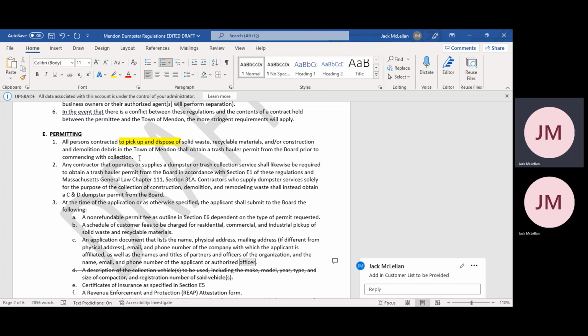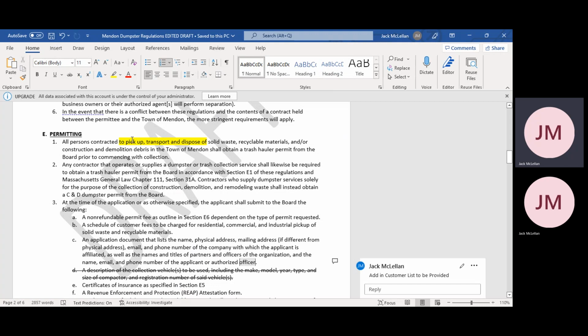I like the transport part, include that. Those three actions, pick up, transport, and dispose of, would cover all the actions of that company. So it would read, all persons contracted to pick up, transport, and dispose of solid waste, recycled materials, and construction and demolition debris.